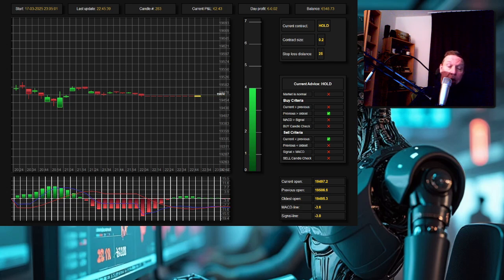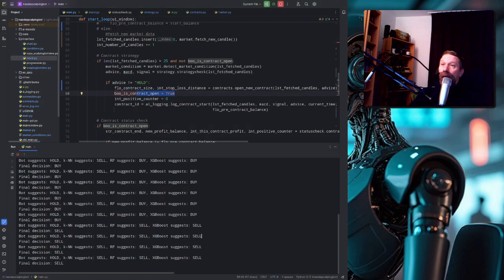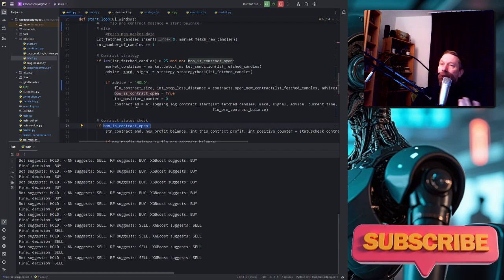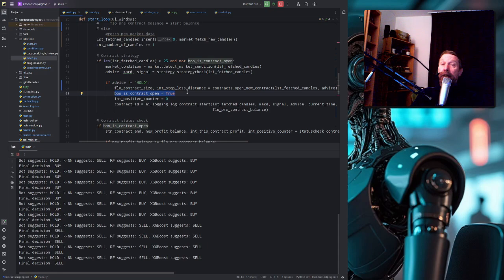If I go back to the code for a moment, then we see that the status check is only done if the Boolean contract is open. So that's what I told you at the start of the video. If this Boolean is not set, then the status check is also not executed, and we cannot have a 4 times 5 minutes or 20-minute positive position and then close it.